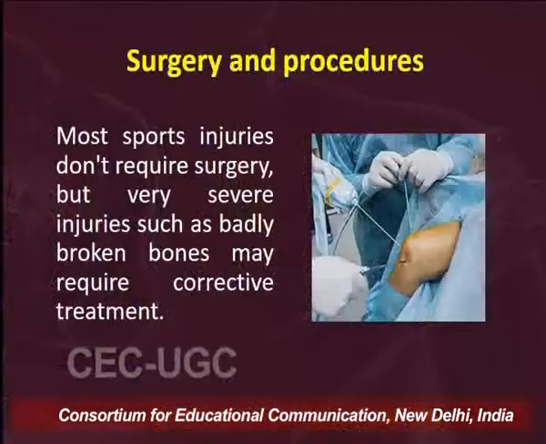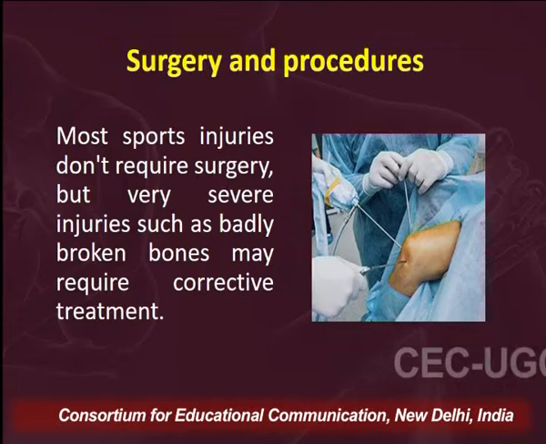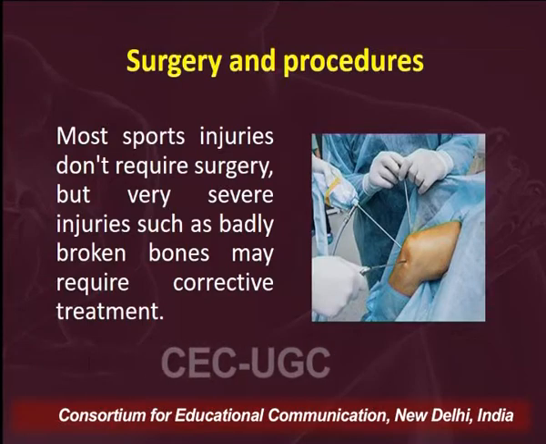Then surgery and procedures. Most sports injuries don't require surgery, but very severe injuries such as badly broken bones may require corrective treatments. This may include manipulation or surgery to fix the bones with wires, plates, screws or rods.